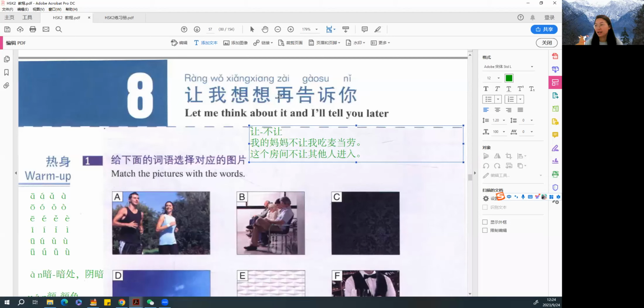再 is used after an action. When this 再 is following an action and then leads to another action, it means I first do this and then I will do this. Here is 再.